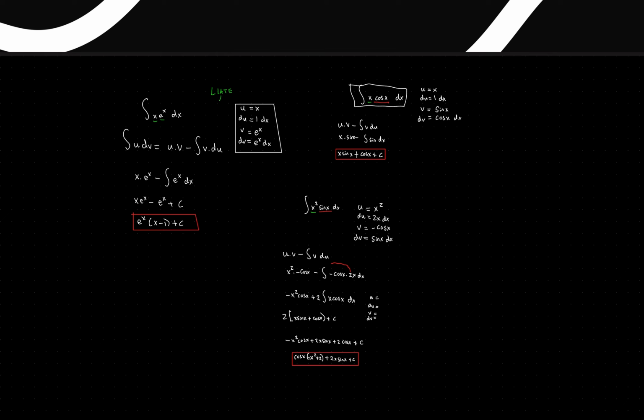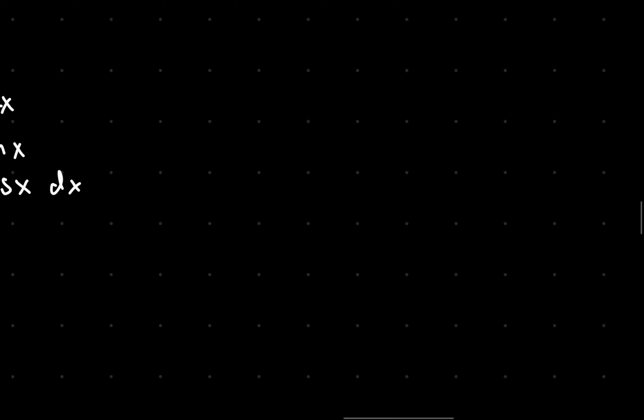Let's do one more for this video. Okay? We'll do one. Whew. This is a pretty big one. So this is another one that will likely involve double by parts, which shouldn't be a problem for us now because we just learned how to do it.